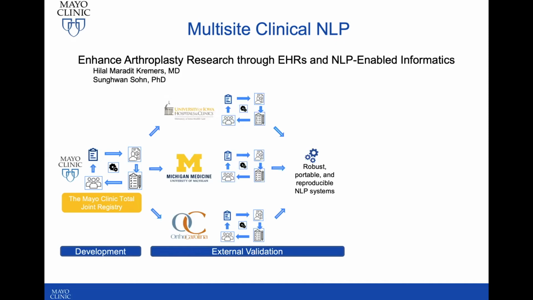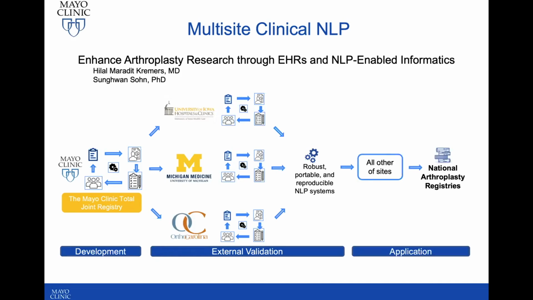The purpose is to perform external validation and optimize the system to be generalizable enough, and then apply to all other sites, with the aim to establish a national arthroplasty registry.